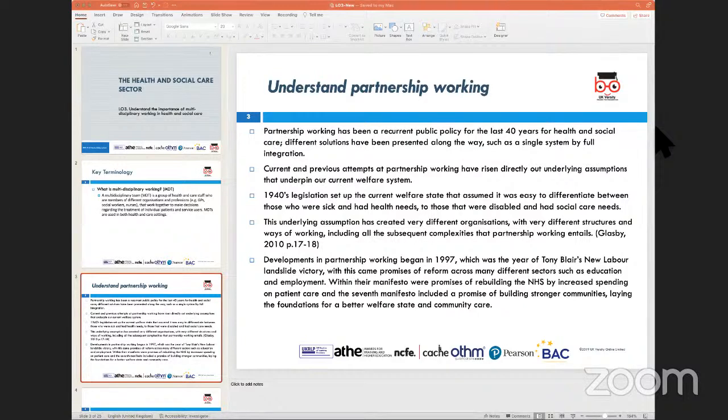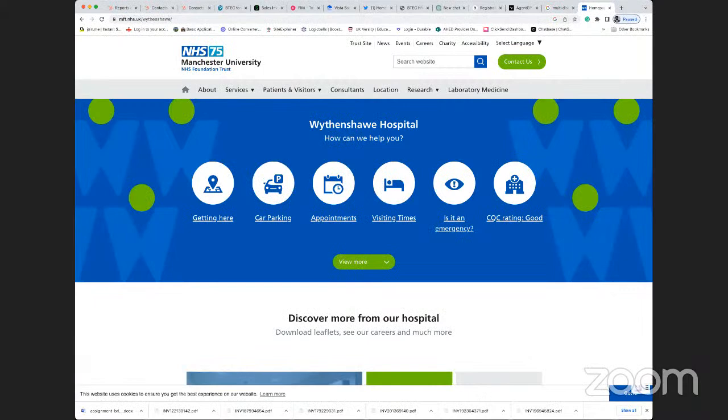I don't know how many of you have seen, but when we look at Wythenshawe Hospital, let me try and see if I can bring up the website. This particular hospital is called the Manchester University NHS Foundation Trust, MFT in short. If I take you onto the website, they are working essentially in partnership with the University of Manchester to provide the basic services that we need to the members of public.